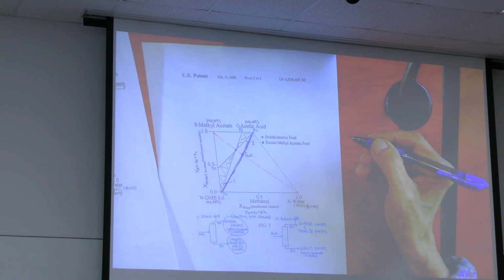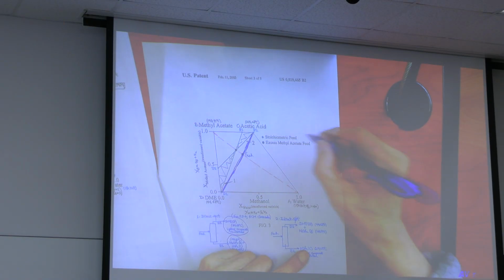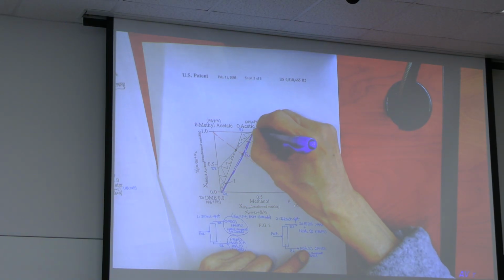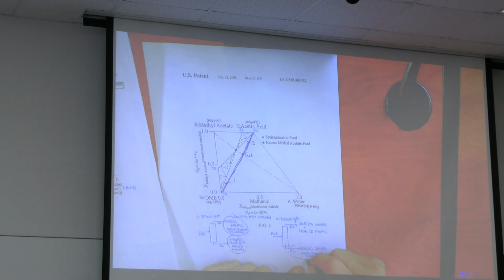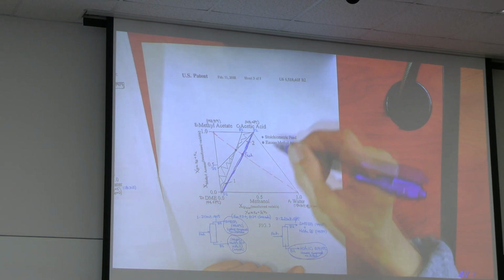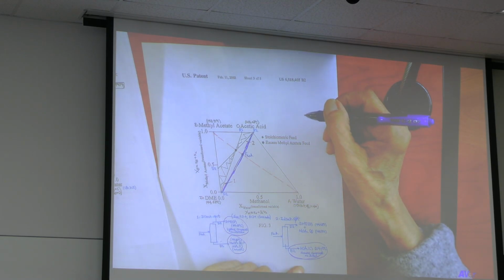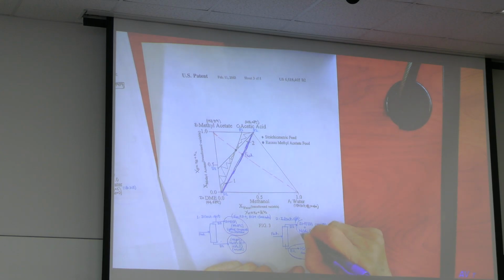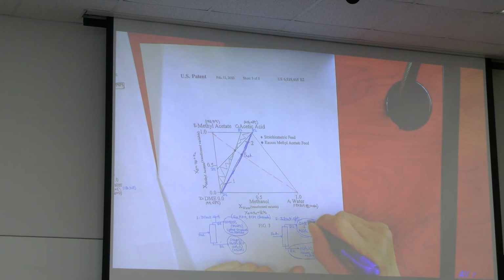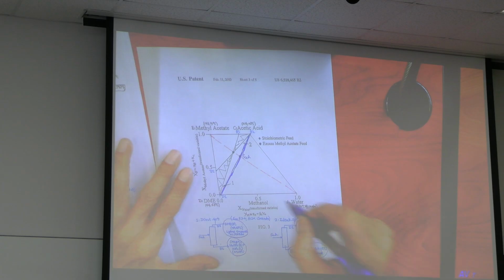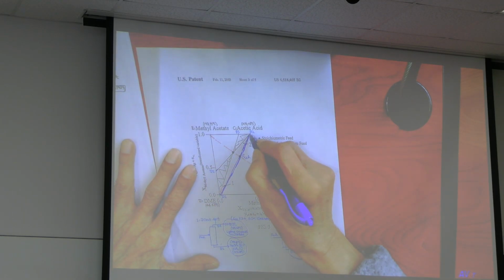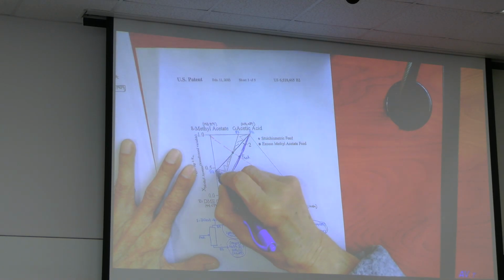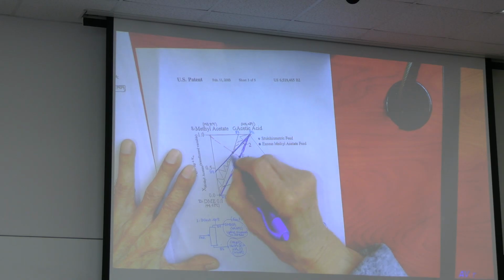How about indirect split? 214.08. High boiling at bottom. Okay? And you get mixture D2. That is this.